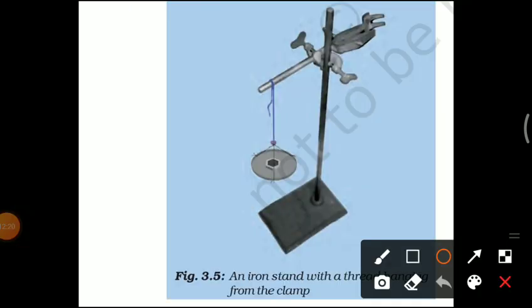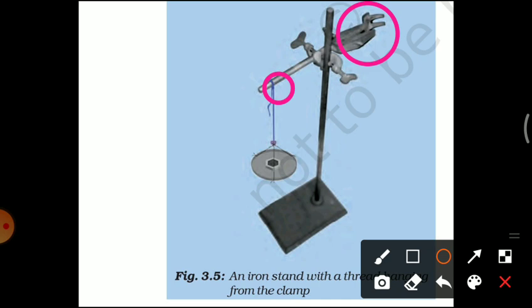Here we can perform an activity to measure the strength of various fibers like cotton, wool, silk, nylon. To perform this activity, we have to take an iron stand with a clamp. Take a cotton thread of about 60 cm length. Tie it to the clamp so that it hangs freely from it as shown in the figure.